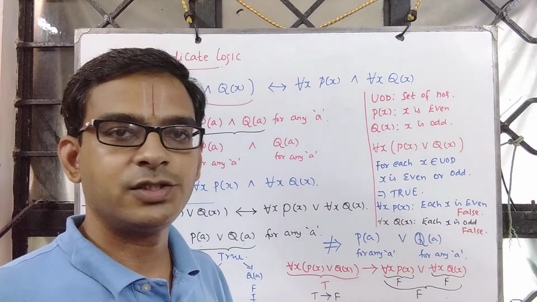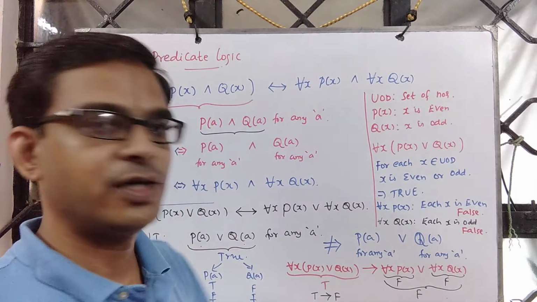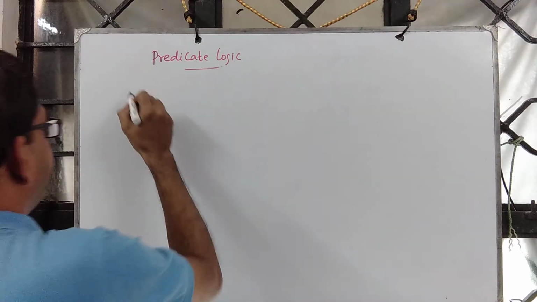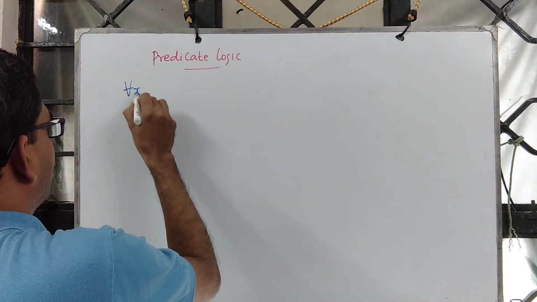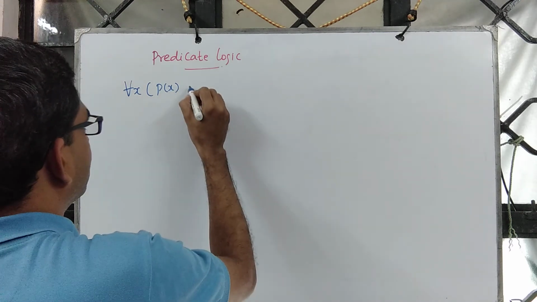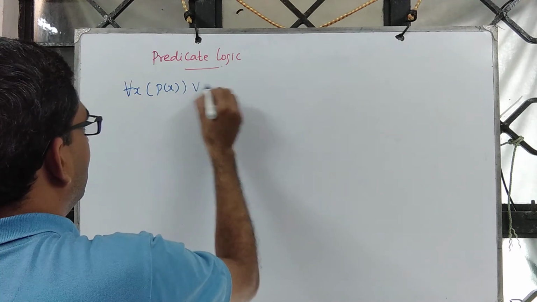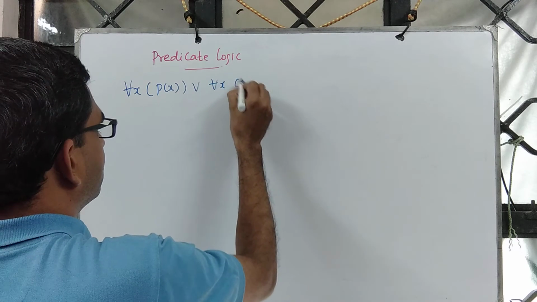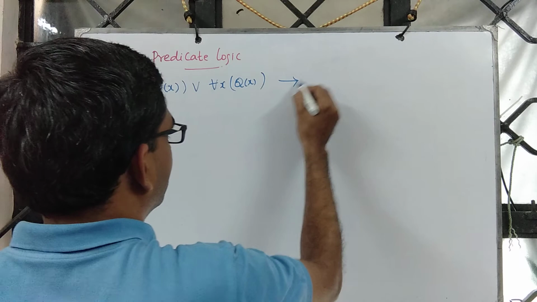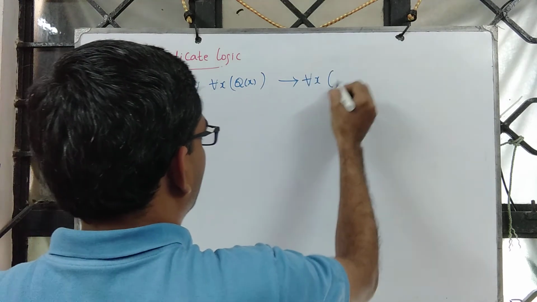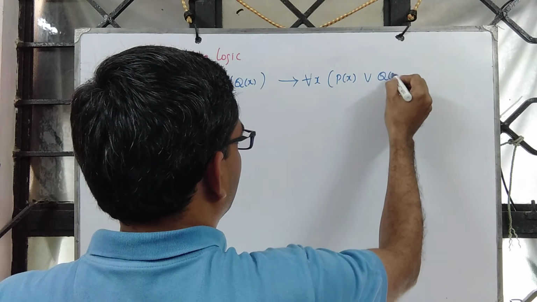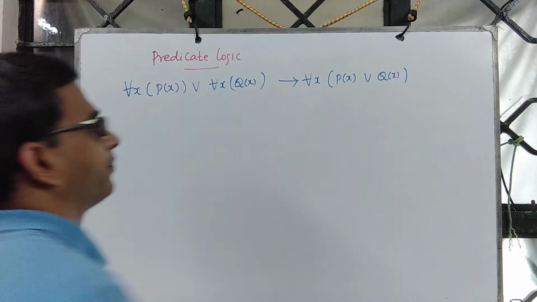Maybe the other direction is true. Let's experiment now. Let's look at the other direction. For all x P of x or for all x Q of x, does this imply for all x P of x or Q of x?